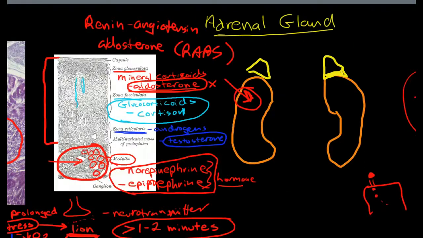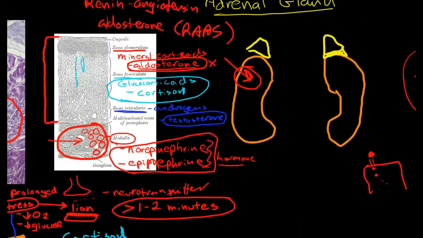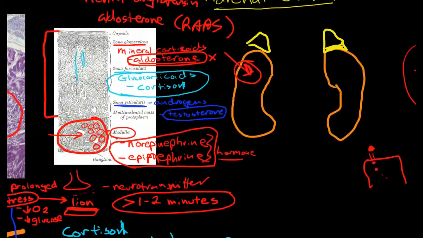And I did want to briefly talk about Cushing's disease. Cushing's disease is a disease of primary cortical hypersecretion, and it usually occurs because of hypersecretion of adrenocorticotropic hormone from a pituitary adenoma.